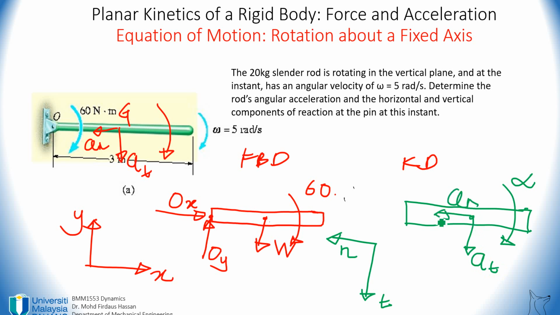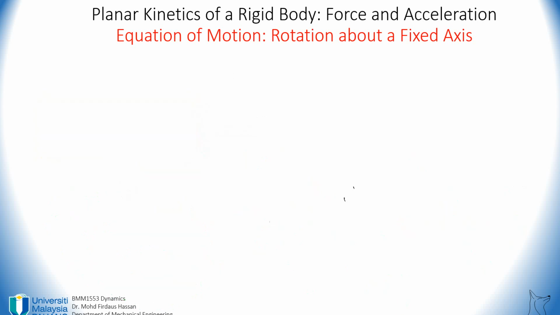See that AN to the left, and you can choose the N coordinate system to the left, T downwards. It's similar. It won't give any problem to you, as long as you understand the relationship between X and Y that we normally use, and N and T components. Okay, let's solve this one.